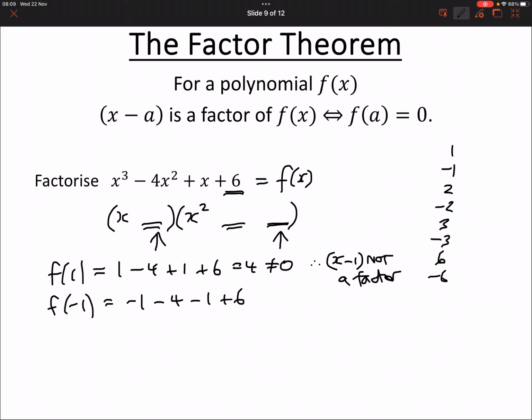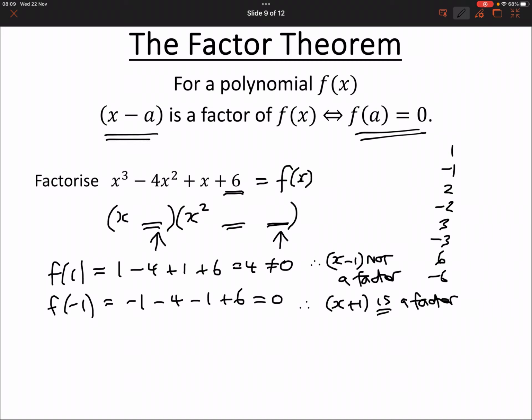So, oh, hello, that is 0. So I know that x plus 1, that's x minus minus 1, is a factor of f of x. Okay, that's what the factor theorem tells me. Because I've got f of something being 0, that must mean that x minus that something is a factor.